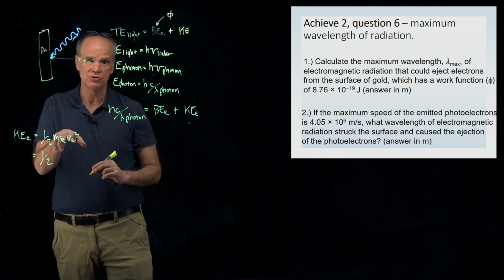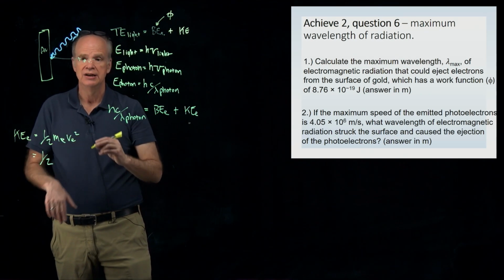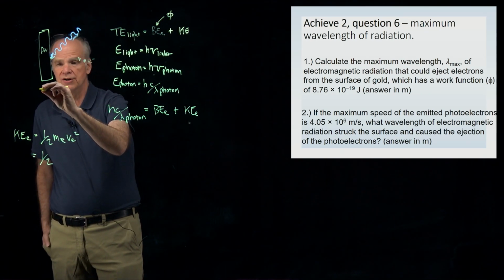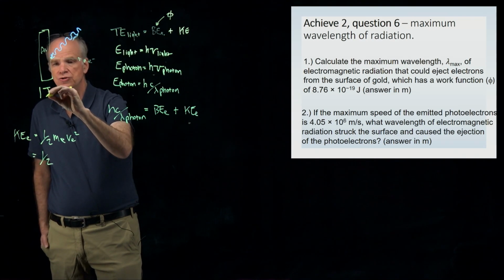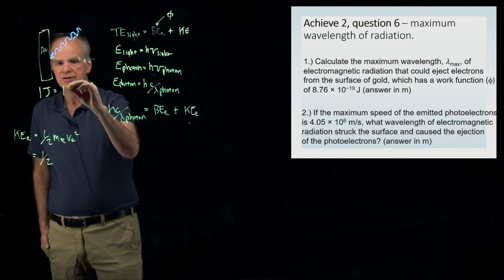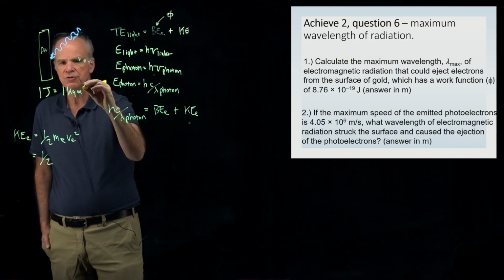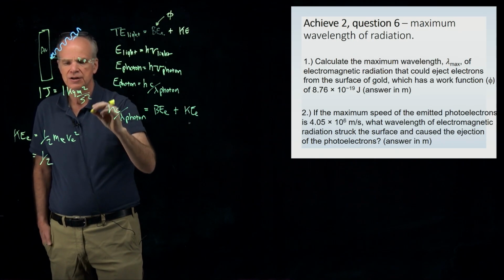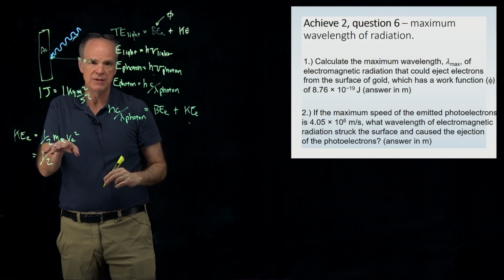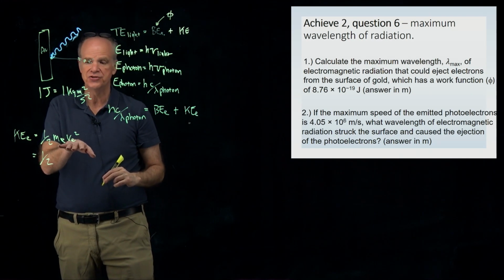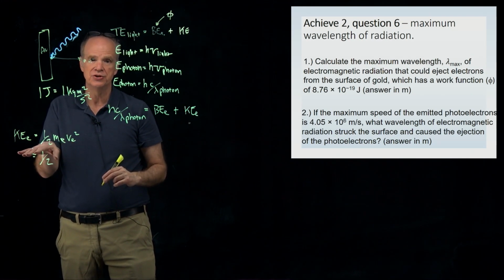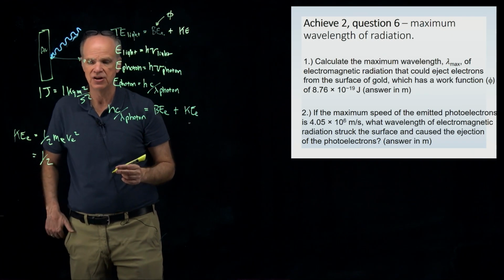Then you'll have kilograms meters squared over seconds squared. And one of the things you might remember from 109 is that 1 joule is equal to 1 kilogram meters squared over seconds squared. So if you use a kilogram mass, when you multiply by the velocity squared, you will get an answer in joules, which is great. It makes our lives a lot easier.